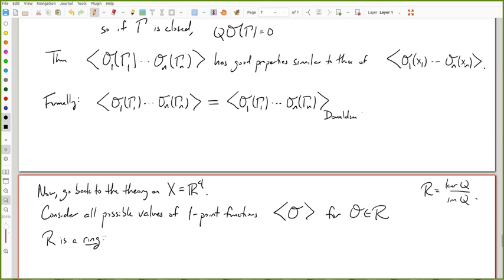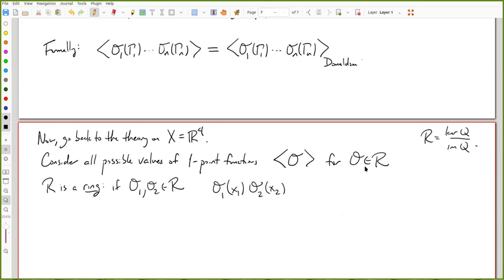Well, roughly speaking, if I have O1 and O2 that are both in R, I could consider O1 of x1, O2 of x2.